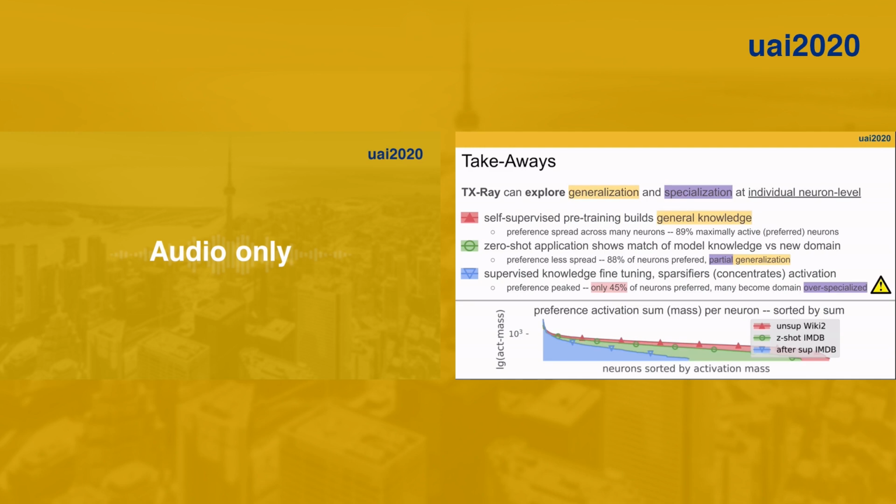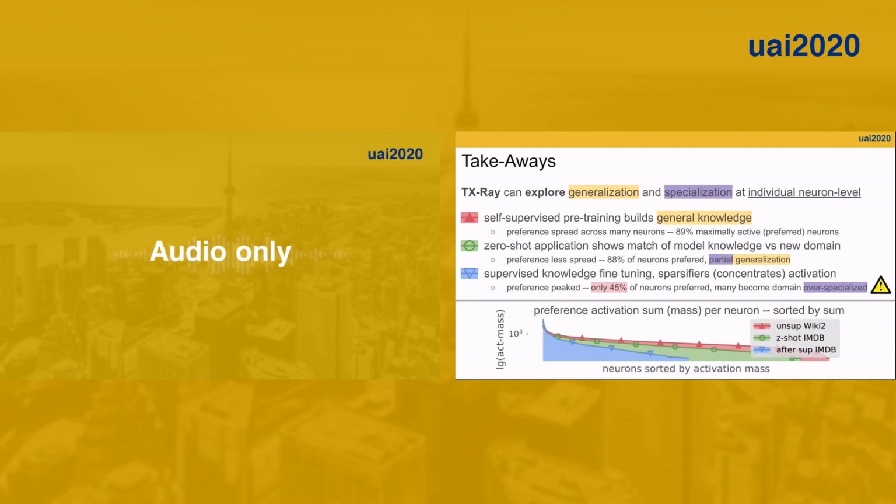We also have some general takeaways. Our motivation here at the end, and how we think TX-ray can be useful, is that it can explore generalization and specialization at the individual neuron level. For example, for self-supervised pre-training, we understand that a network builds general knowledge, and we can see in the red area down in the graph that almost 90% of neurons are preferred and used, and that we have broad activations.